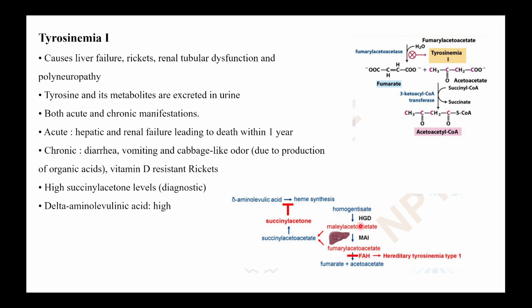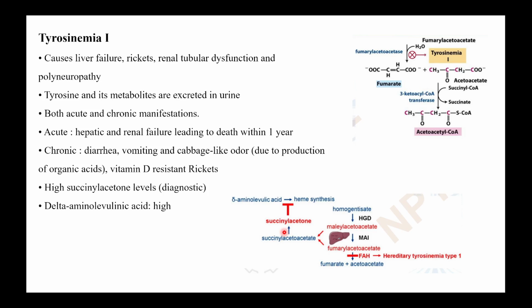And because this fumaryl acetoacetate is not broken down into fumarate and acetoacetate, it can actually get converted into succinyl acetoacetate, and succinyl acetoacetate can get converted into succinyl acetone.